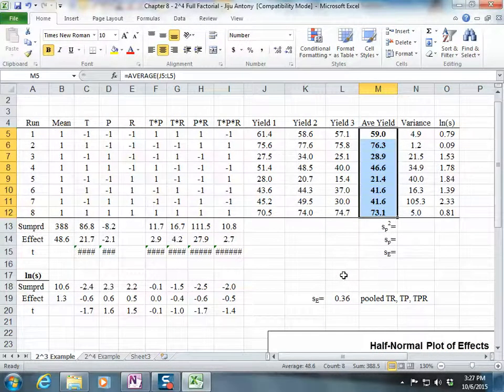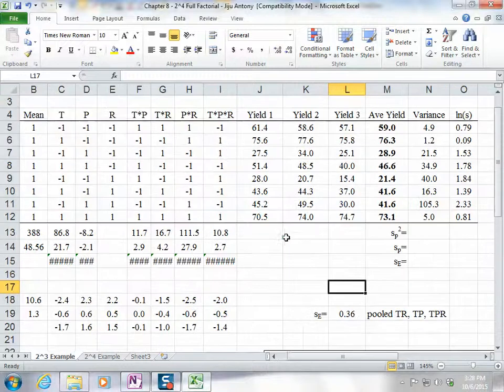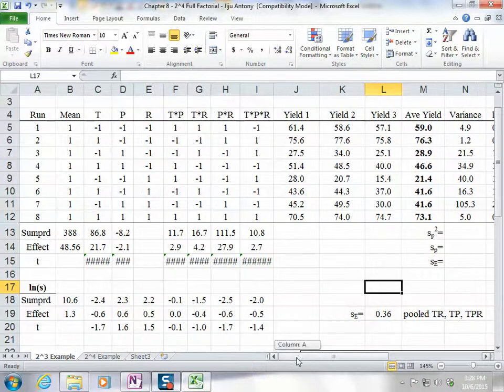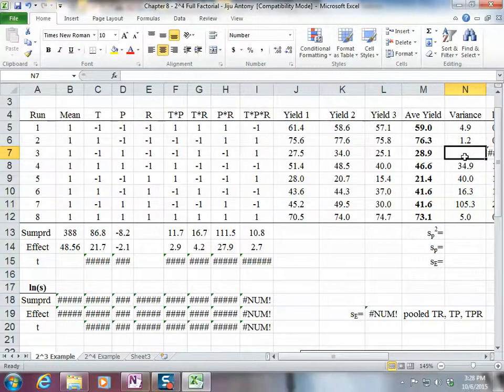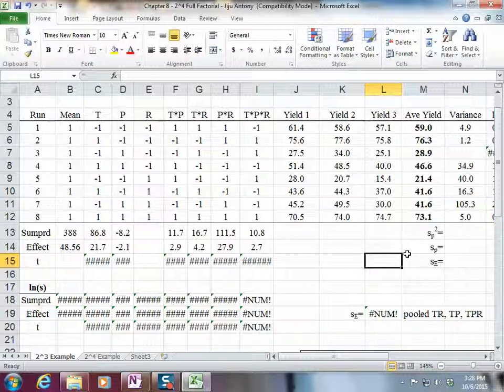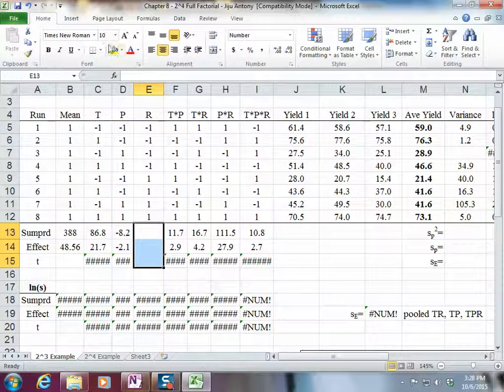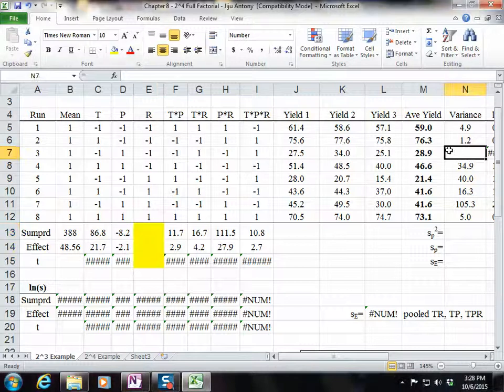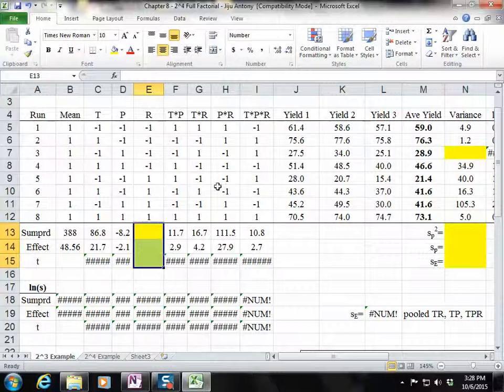You see all those things okay? Let's get rid of that one. So do these things right here. First one's this box.